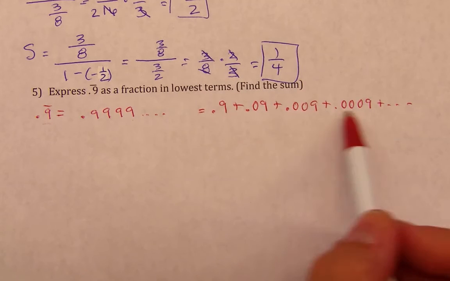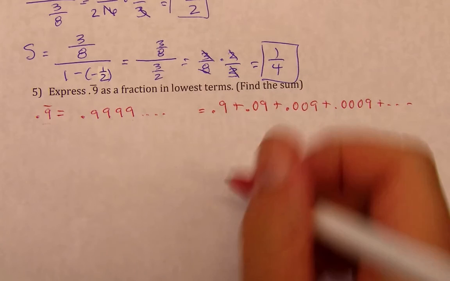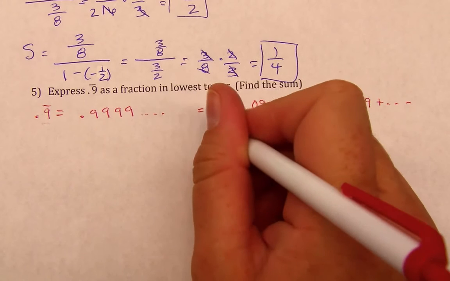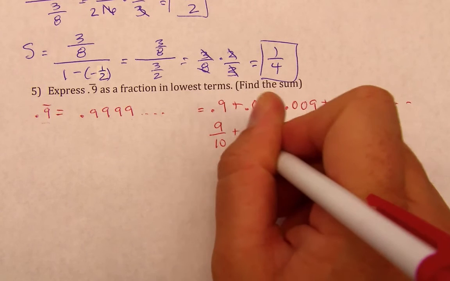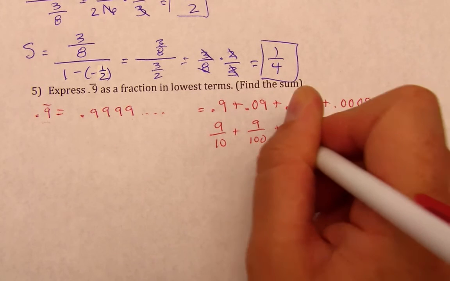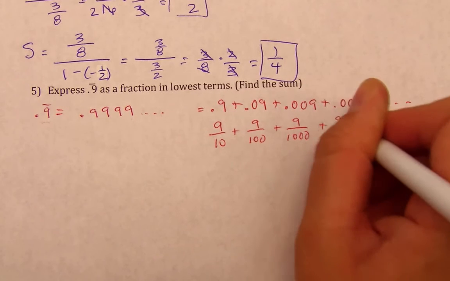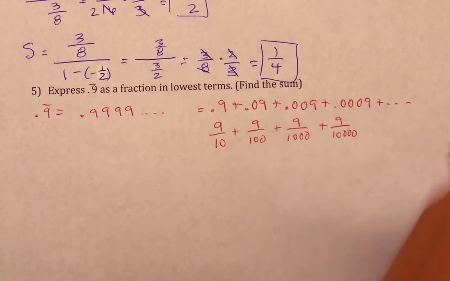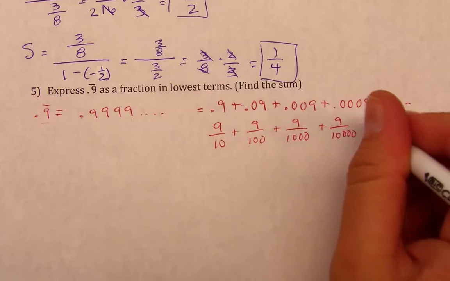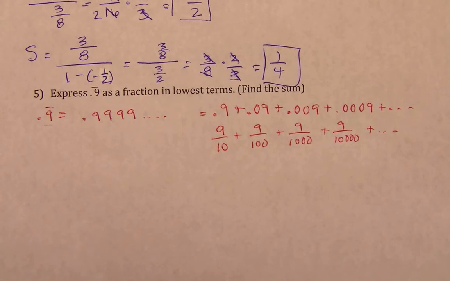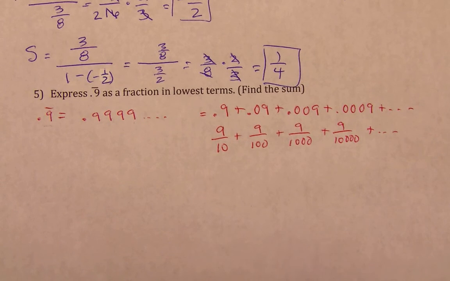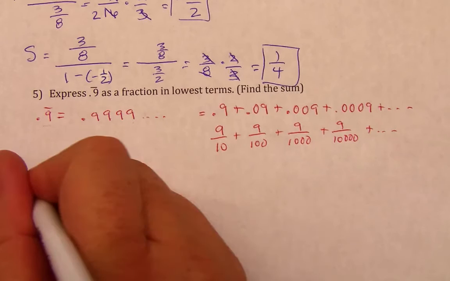Well, this looks like a series, and we can rewrite these as a fraction if we want. This is 9 over 10. This is 9 over 100. This is 9 over 1,000. This is 9 over 10,000. And so on. Again, this looks like an infinite series, so let's find our r value.